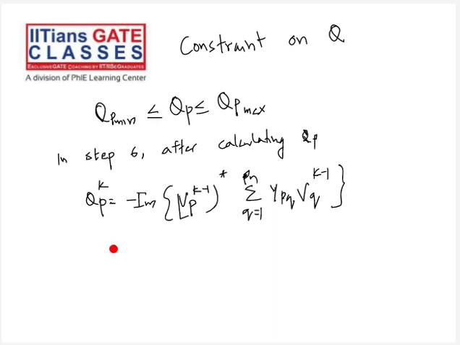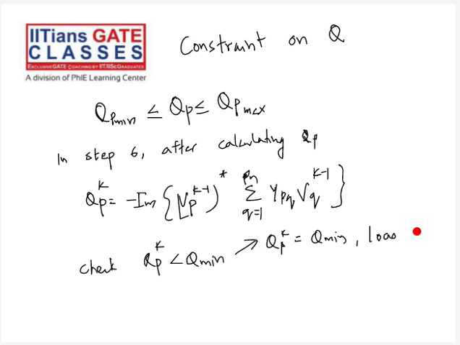And we have this additional check: if QP K is less than Q min, then it is not possible, it is divergent. Then QPK is set to Q min, and for this step we will assume that it is a load bus, which means we will also update the VP value, right?